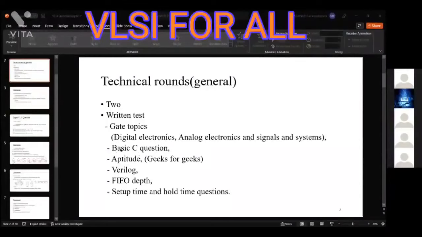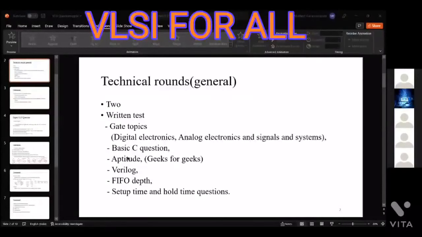They will provide you 20 questions separately without any connection. For Qualcomm, I have seen it is separate. For some other companies, there are not very many questions. The weightage will be around 10%, 5%, like 5% to 10% of the total number of questions for other companies. But for Qualcomm, there will be a separate section for C.